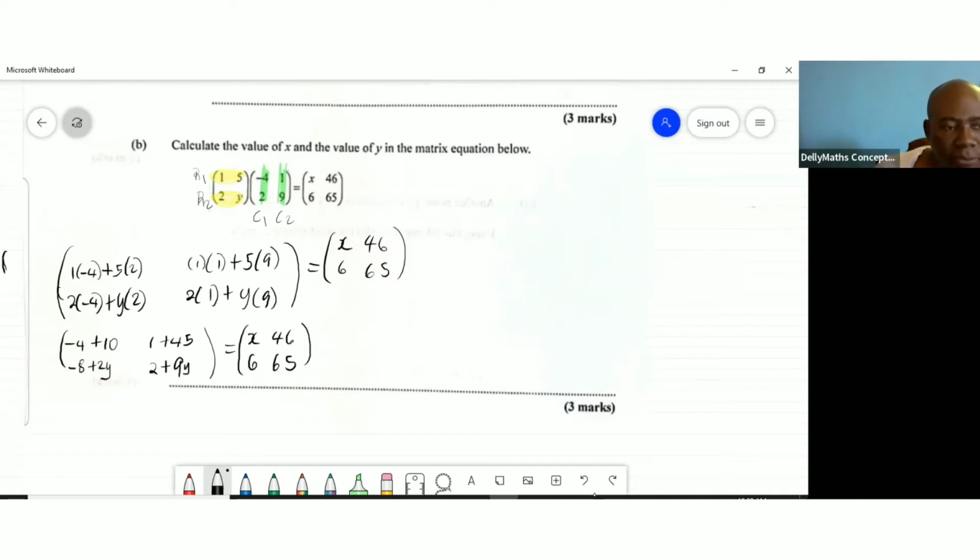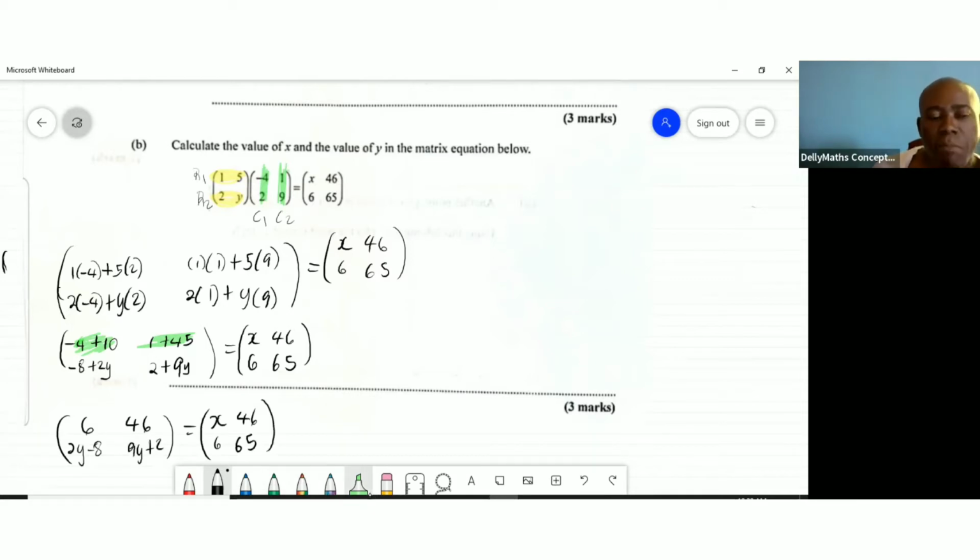This is going to give me a 6. This is going to give me a 46 in terms of a number. So let's write 6, 46. We could say 2y minus 8 or -8 plus 2y, that's fine. 9y plus 2 or 2 plus 9y, that's fine. So this is equal to x, 46, 6, 65.